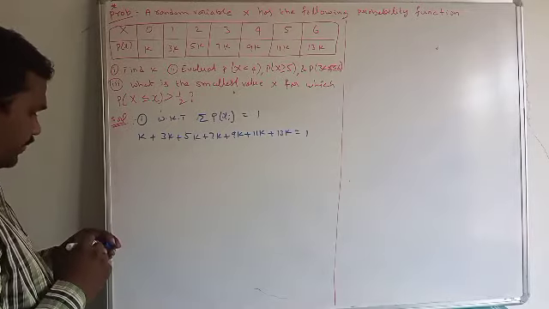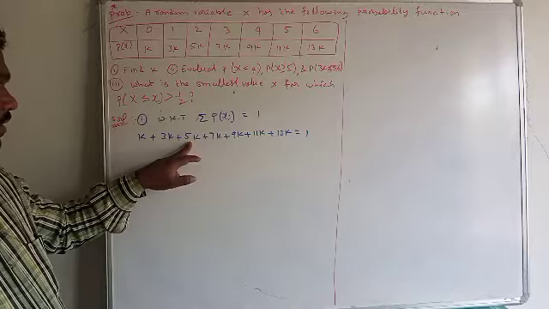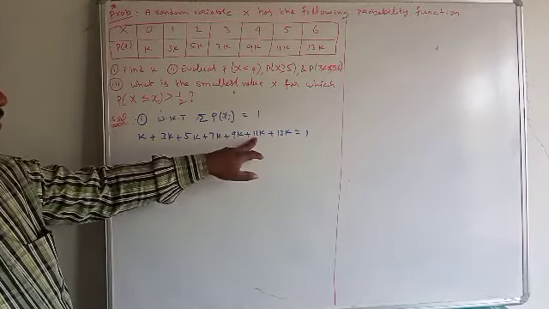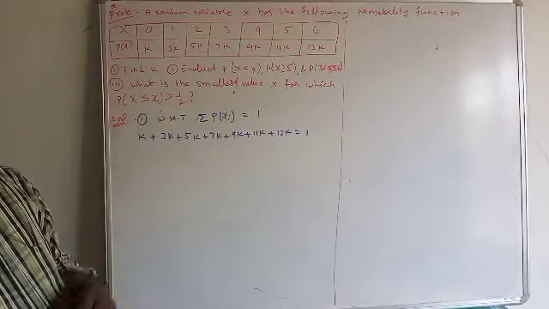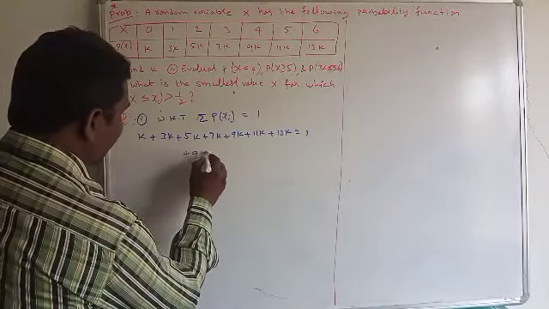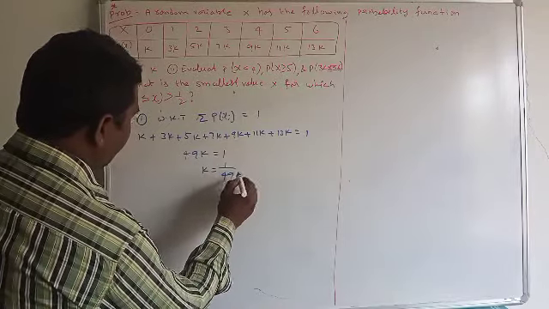Adding them: 1 plus 3 is 4, 4 plus 5 is 9, 9 plus 7 is 16, 16 plus 20 is 36, 36 plus 13 is 49k. So 49k is equal to 1, and k is equal to 1 by 49.